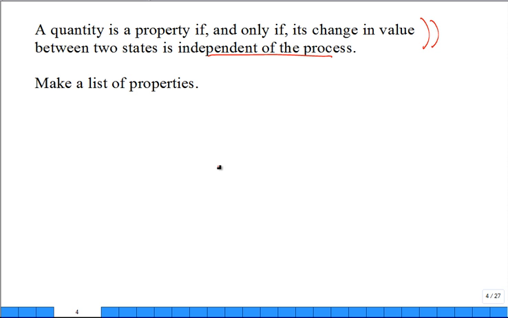Say somebody started this morning at their house, got their car and drove to UTSA. I can tell you the distance between their home and UTSA, parking lot to parking lot, but I can't tell you how far they drove. They could have gone to visit a friend or picked up a friend. The path I'm not certain of, but I know the distance between the parking lots, a property. Make a list of those properties.